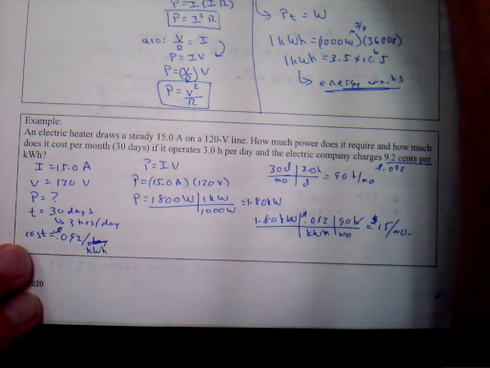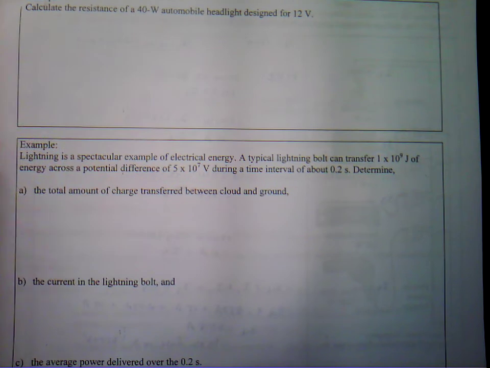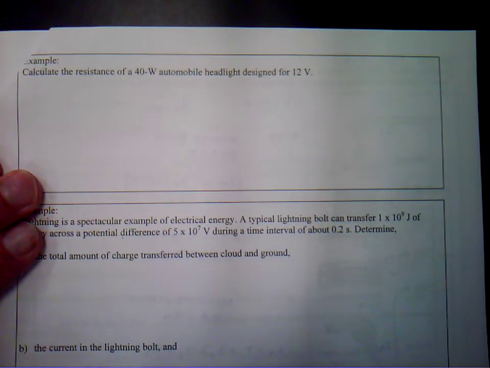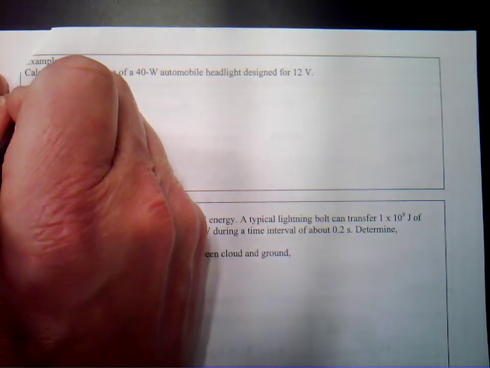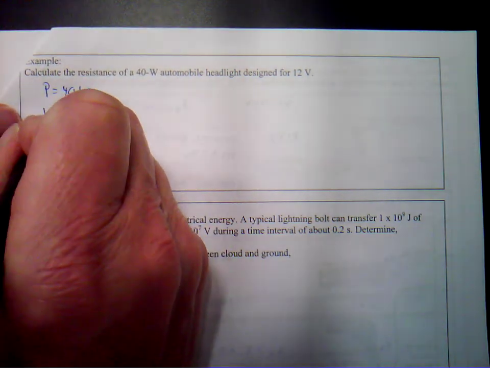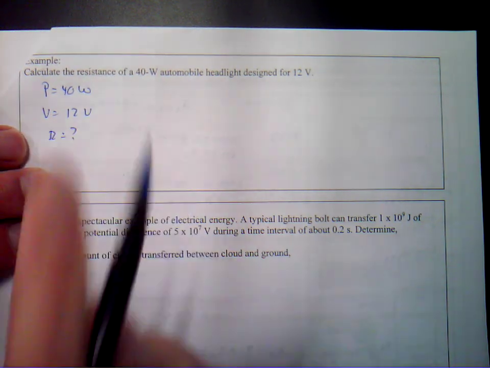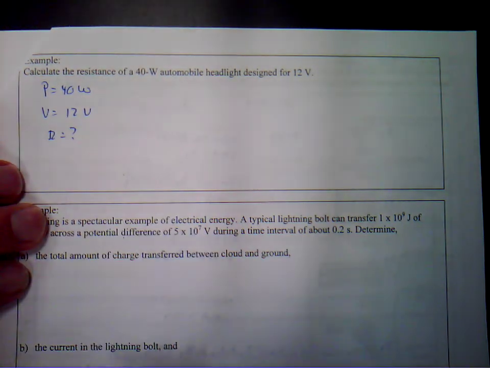Let's take a look at another example problem. Let's calculate the resistance of a 40-watt automobile headlight designed for 12 volts. The information we have, power is equal to 40 watts. Voltage is 12 volts. And we want the resistance.